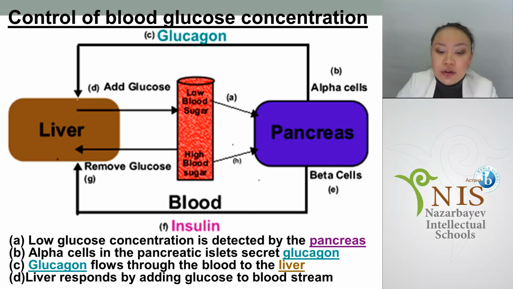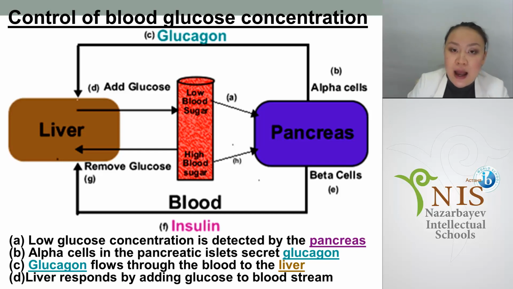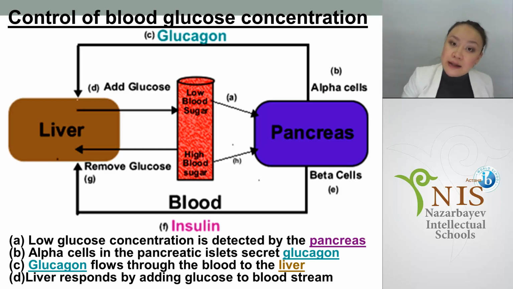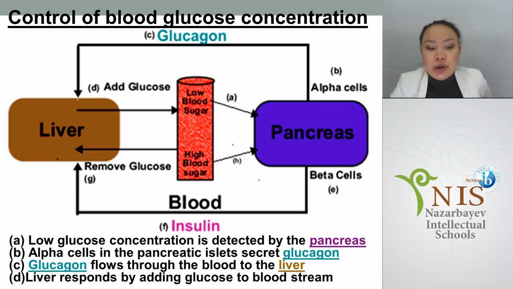If the glucose concentration is higher in a person's bloodstream, for example after a meal, insulin will be secreted from the pancreas, and insulin will act on the liver, and the liver will start to remove glucose from the bloodstream and deposit it into its cells as glycogen. This happens with the help of beta cells.